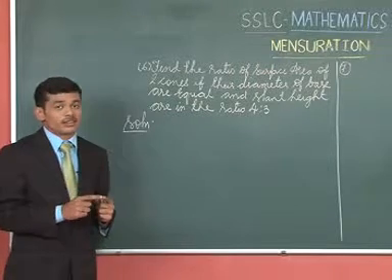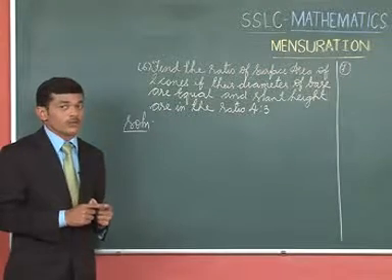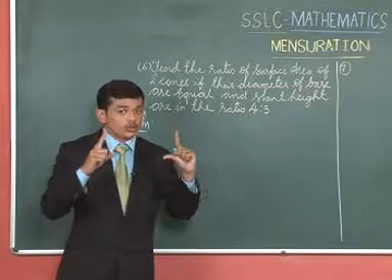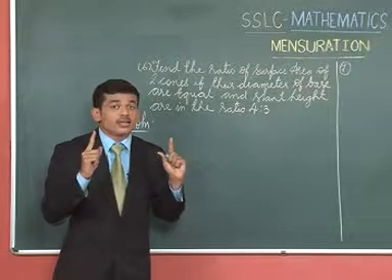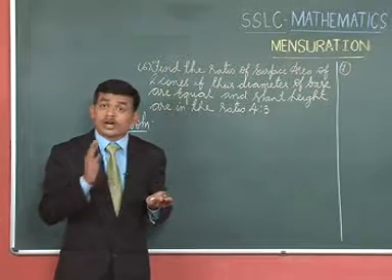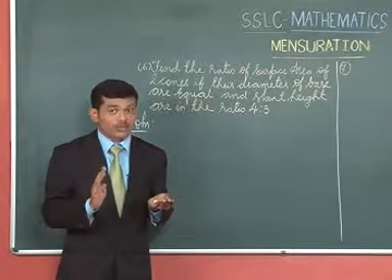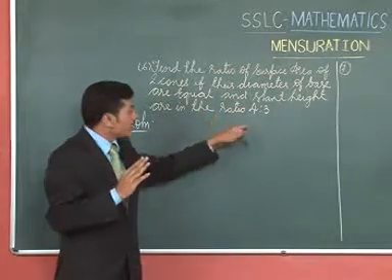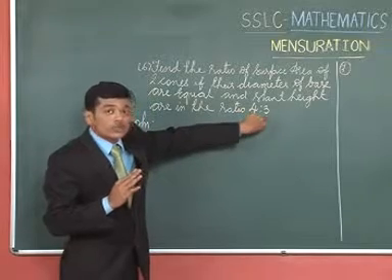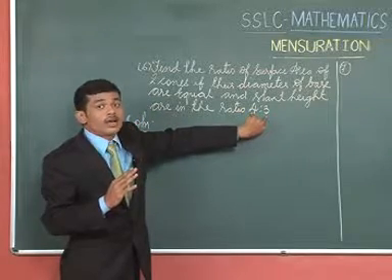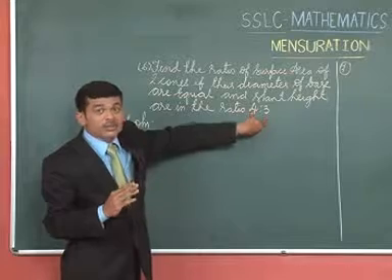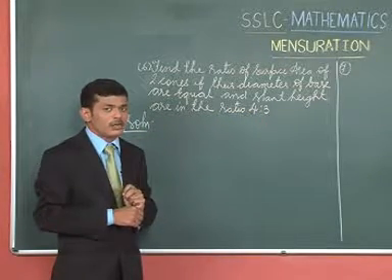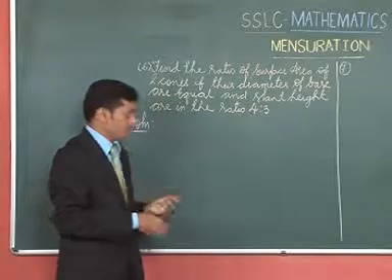First understand the question. In the question, there are two cones. And the diameter of both the cones are equal and the slant height of both the cones are in the ratio of 4:3, and we are asked to find the ratio between their surface area. For this, it's better we draw the diagram.